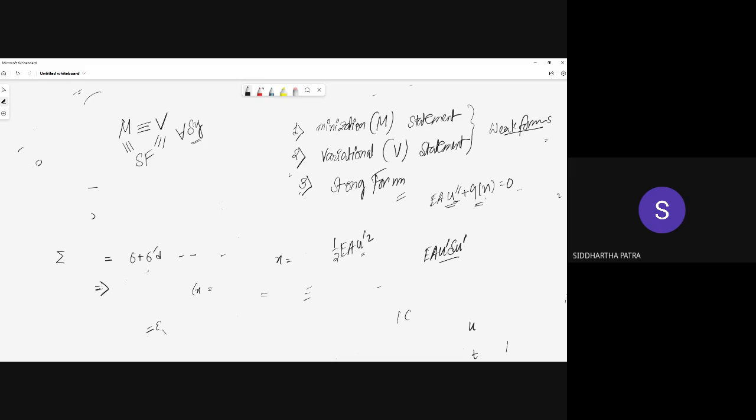In a general problem where the form of q is not known, q could also be a step function, right? So you have this bar. I'm not applying distributed load everywhere, but only at the second half of the bar. So q as a function of x could also be a step function.